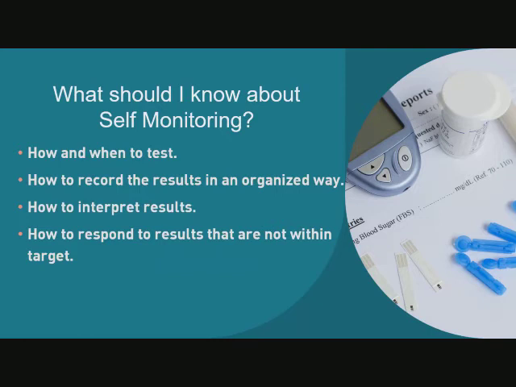So how do I check? If you get a machine, a glucometer, there must be a health educator or someone to show you how to properly check your blood glucose. Usually the machine comes with a booklet, and there are videos available on YouTube. Know the model of your glucometer, and then go check the videos on YouTube.